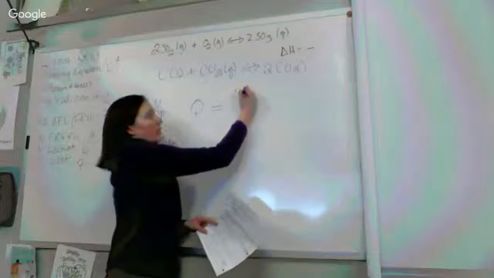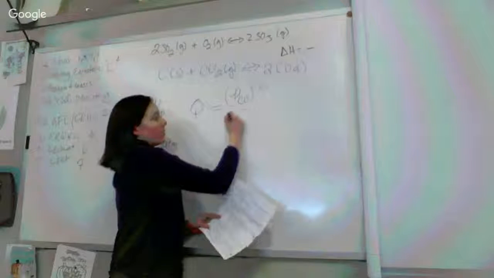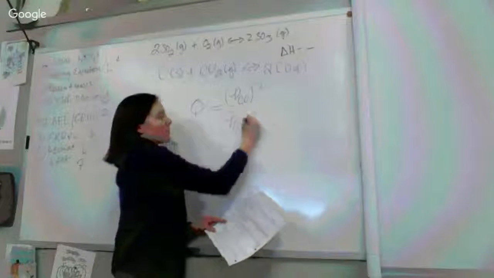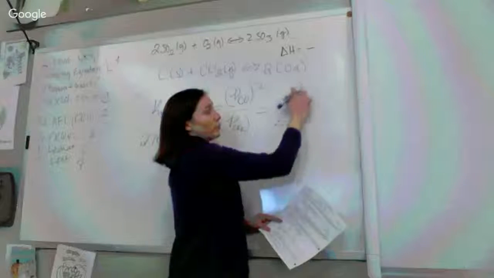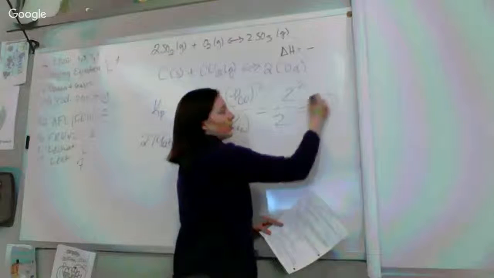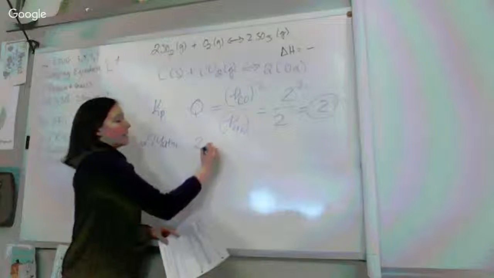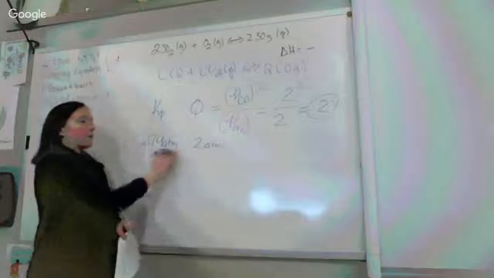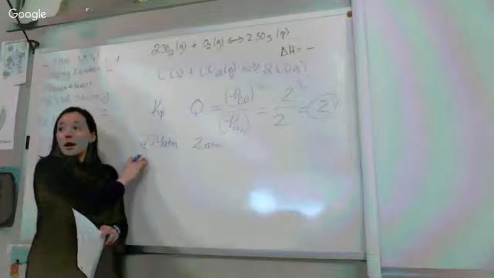So my pressure of CO squared over my pressure of CO2, and I know they're both 2. So 2 squared divided by 2 is going to give me 2. If my Q value now is 2 atm, how does that relate to the K value, which shows me the ratio at equilibrium?